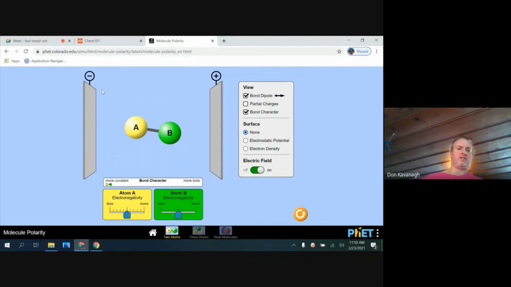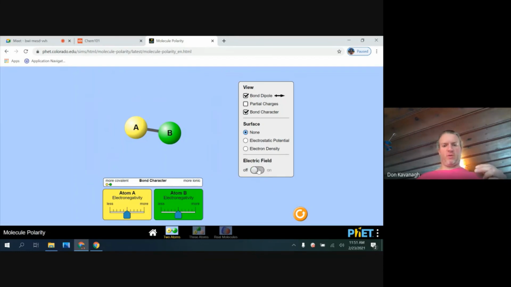So when the electric field is on, we have a negative plate and a positive plate right here. We're not seeing electric field lines, but we have this electric field right here. All of those things that we showed before, the bond dipole, partial charges, bond character, electrostatic potential, electron density, they're trying to show you visually, to spark your imagination, to see where the electrons are, what they're doing, how they're behaving.